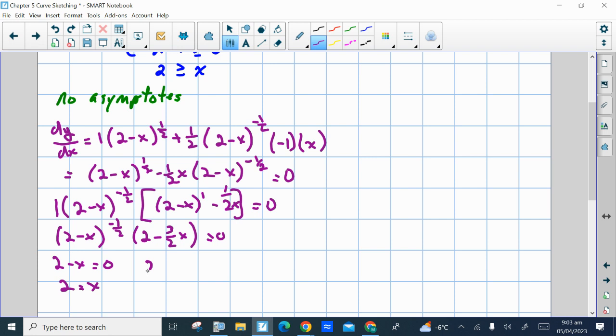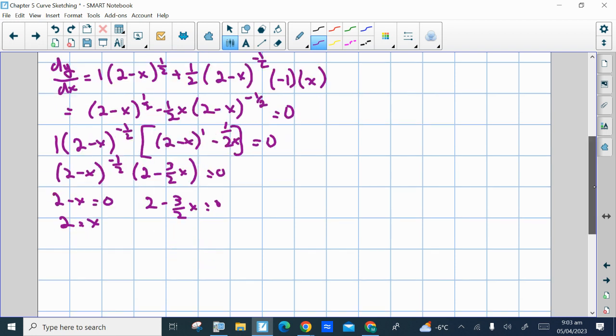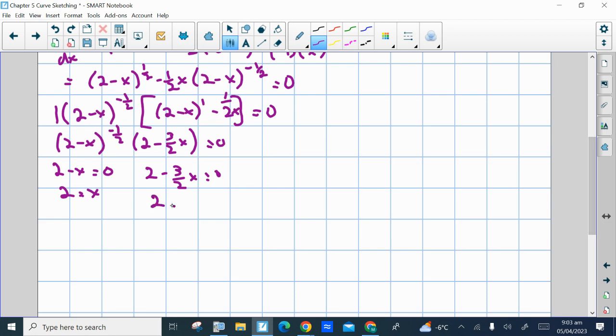But we'll have another critical number where 2 minus 3/2 x equals 0. So that would be where 2 equals 3/2 x. And if you multiply both sides by 2, you'll get 4 equals 3x, or x equals 4/3.